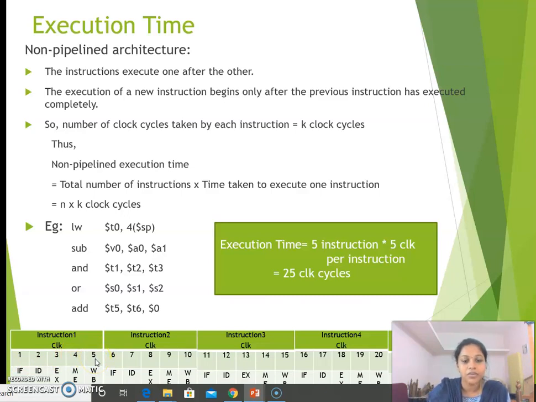Once the execution of instruction 1 is done, instruction 2 will be brought in at clock cycle 6, it will go till 10, and that is how instructions 3, 4 and 5 are brought in one by one. The complete time taken for executing all 5 instructions is 25 clock cycles. So in a non-pipeline architecture, the execution time is the total number of instructions times the time taken to execute each instruction, which is 25 clock cycles in our example.